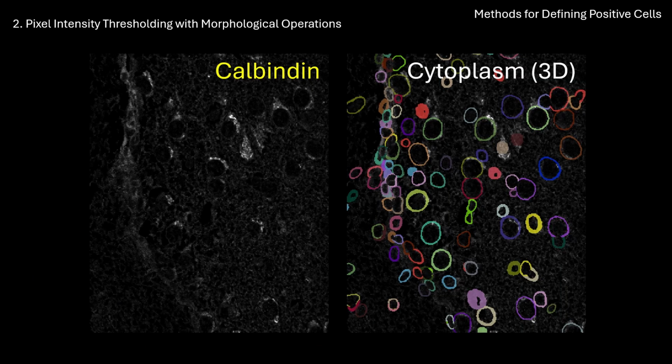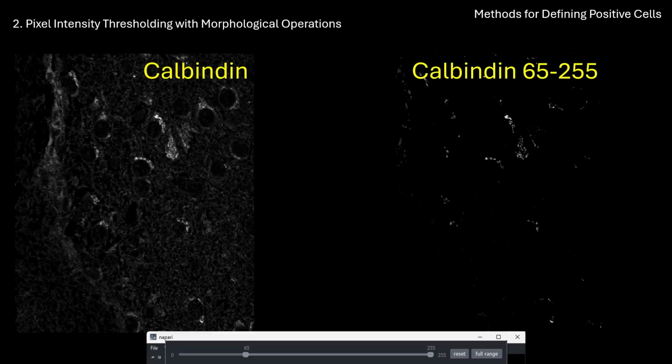So method 2 is particularly useful when you have bright and specific spots that do not correspond to your signal of interest, and you will see later on why. In this case, we want to define calbindin positive cells, a marker that sits in the cytoplasm of the cells. The first step involves defining a manual pixel intensity threshold for what you consider calbindin signal, in this case pixel values ranging from 65 to the max range of 255, and what you consider background.